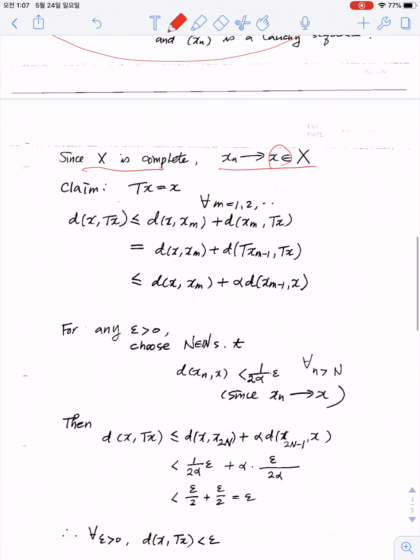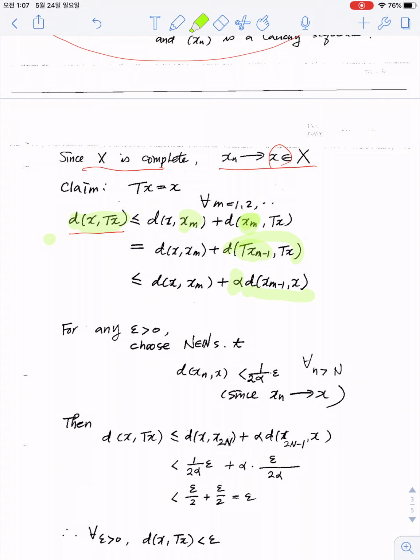So how do I prove this one? Well, let's see. We compute d(x, Tx). So we need to compute this one, and then we add xn and subtract, using the triangle inequality for every m. And this guy is the same as Txm minus 1 by definition, by our construction. And then we use the contraction map: alpha times d(xm minus 1, x).